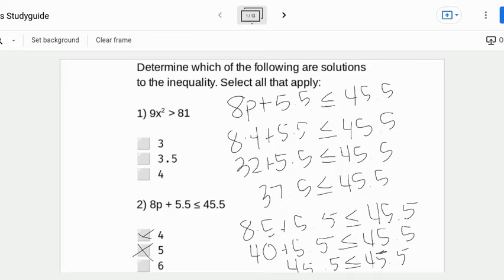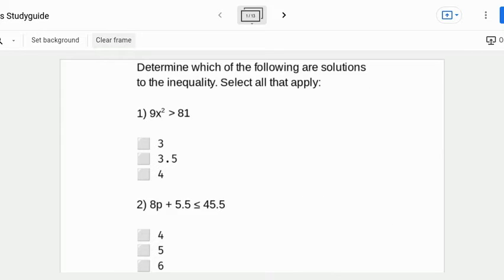And that has to work. Now, when we plugged in a 5, it barely worked, it was equal to. So if I plug in a 6, I definitely know I'm going to go over, because 8 times 6 is 48 right there, which is not going to be less than 45.5. So 4 and 5 are our answers. Okay, let's go on to number 3.